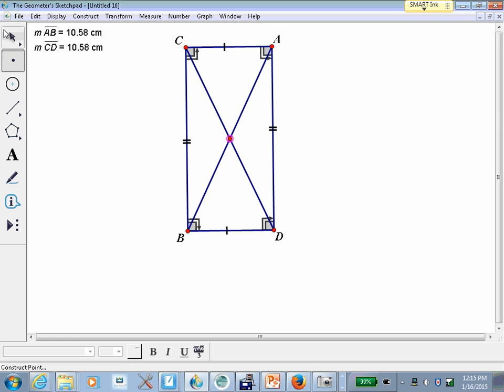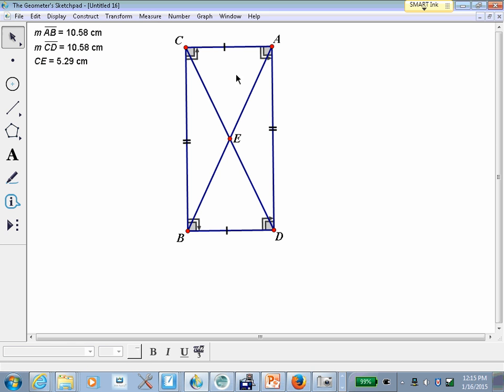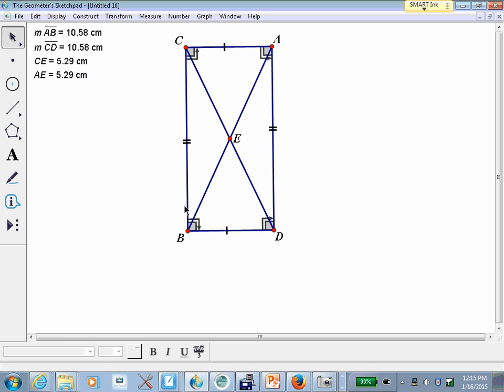I'm going to find that point in the middle there and measure the four lengths that are created when they bisect each other. And yes, they will bisect one another. They will not bisect the angles.